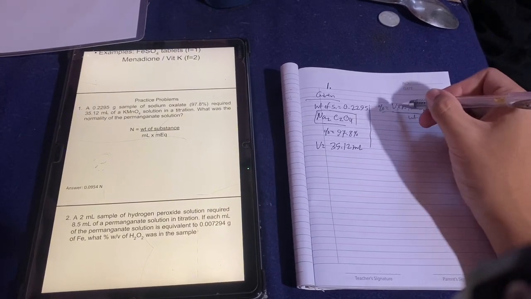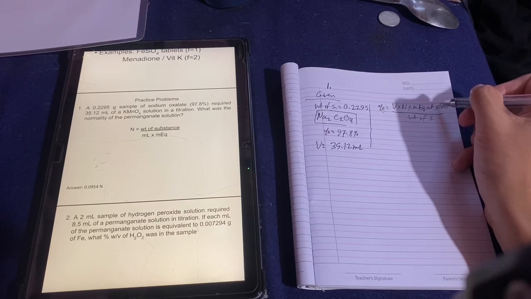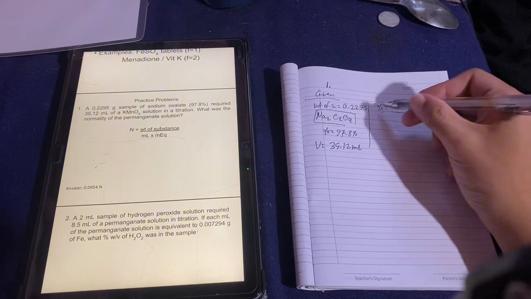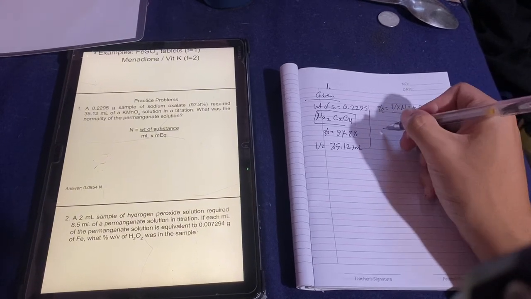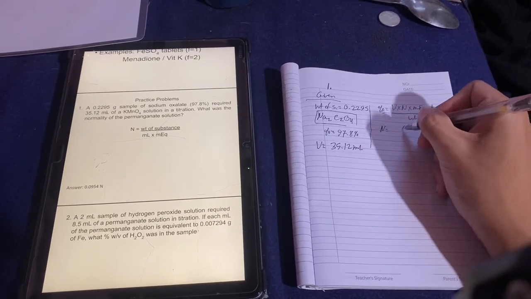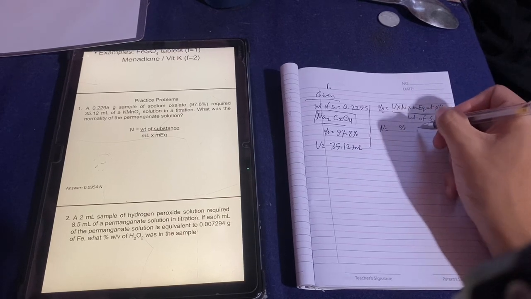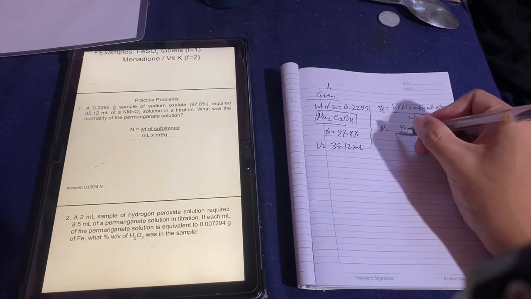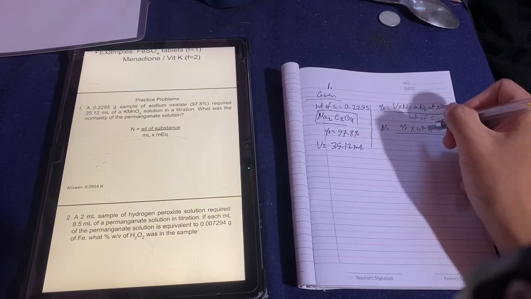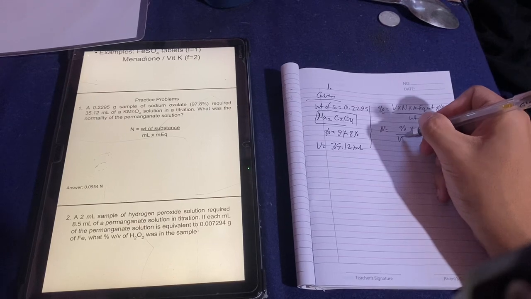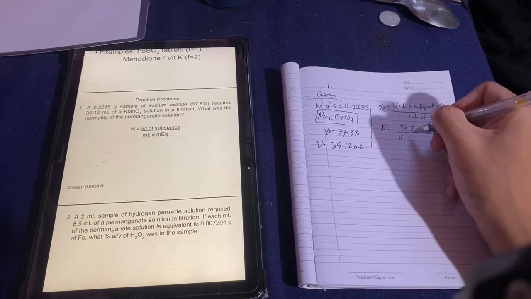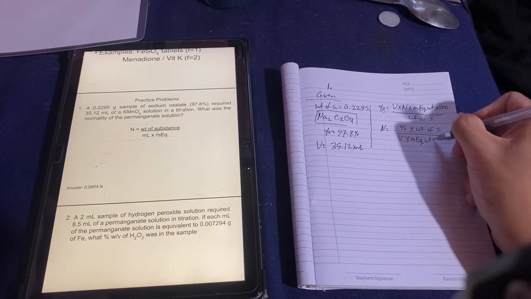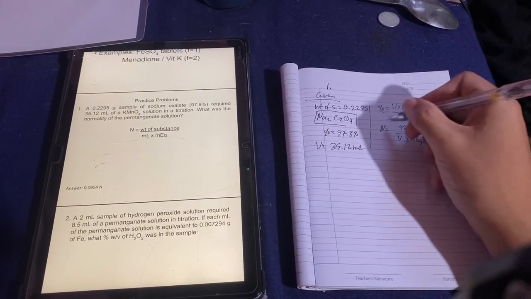To transfer this, the volume, the milliequivalent weight, and the 100 go to the bottom. The weight of substance goes to the top. So the equation is normality equals percentage times weight of substance, over volume times milliequivalent weight times 100. So this is our formula.